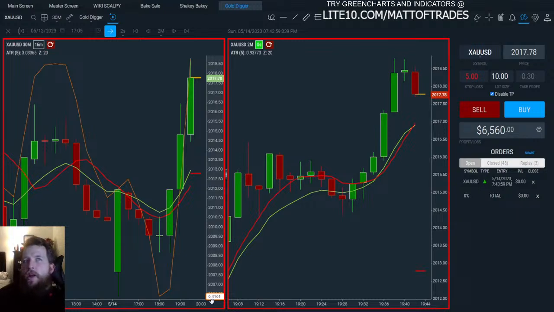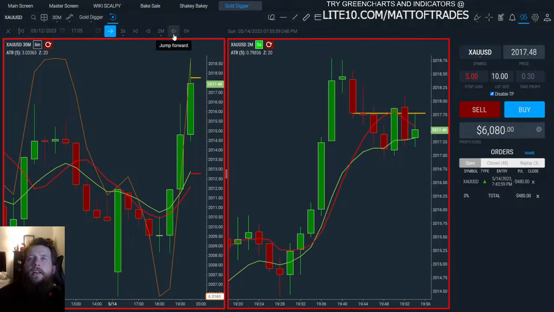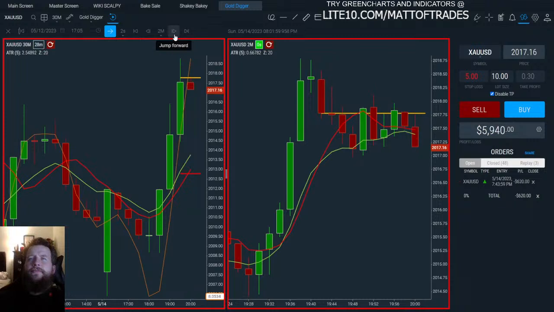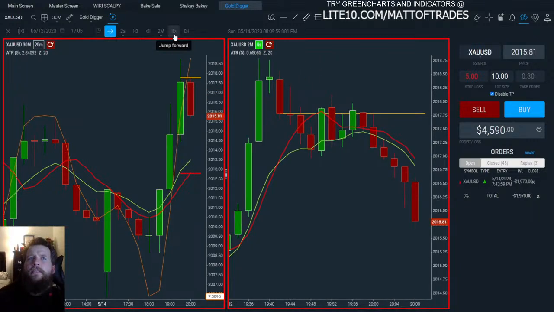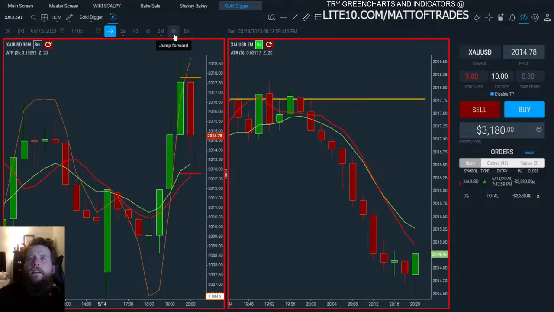So maybe we look at not taking trades if it's above 9 or below 1, at least in those respective directions. Oh, man. I almost like the idea of... let's see, the half hour just seems a little too slow for this.